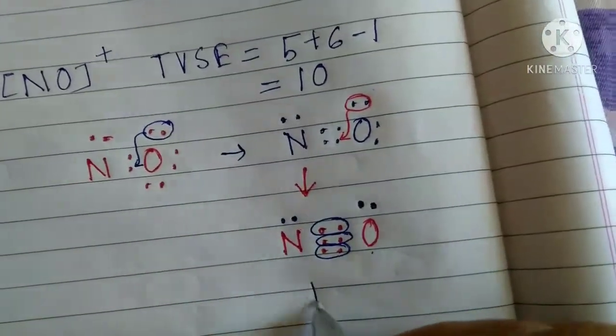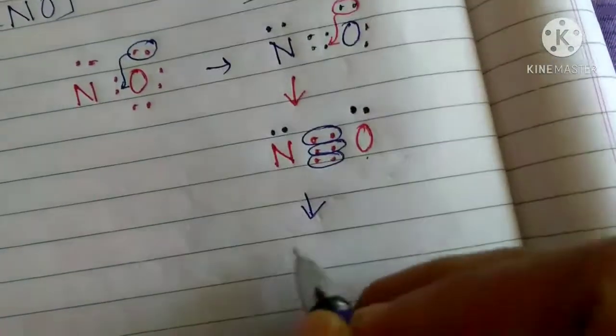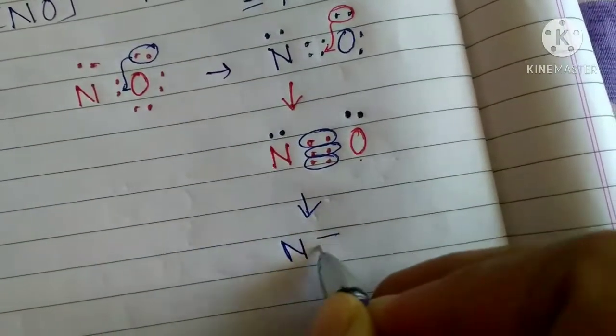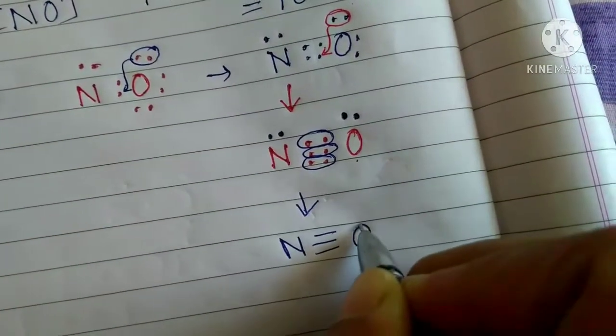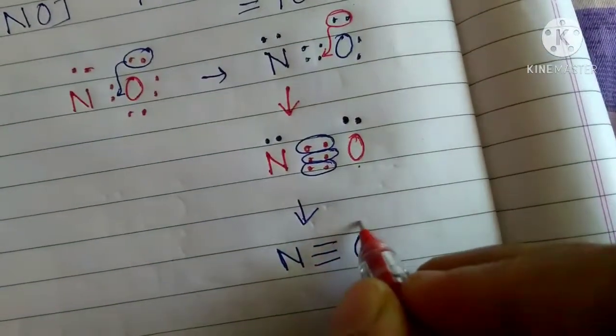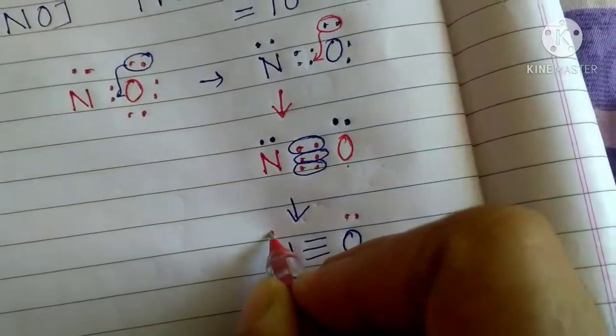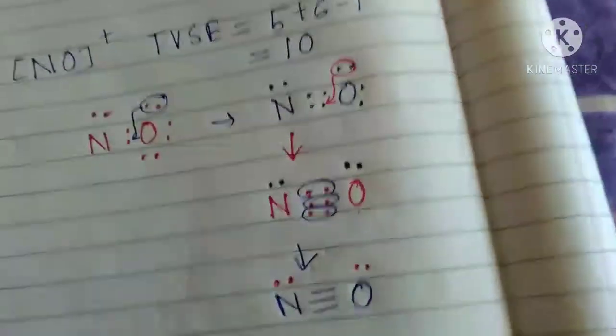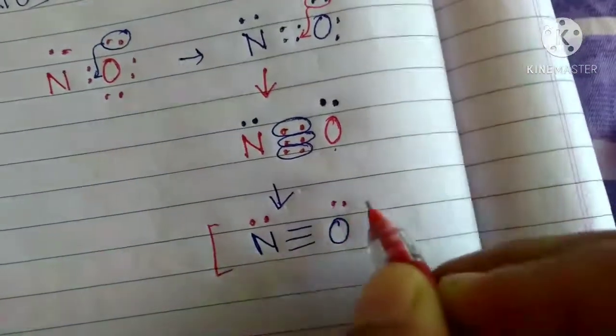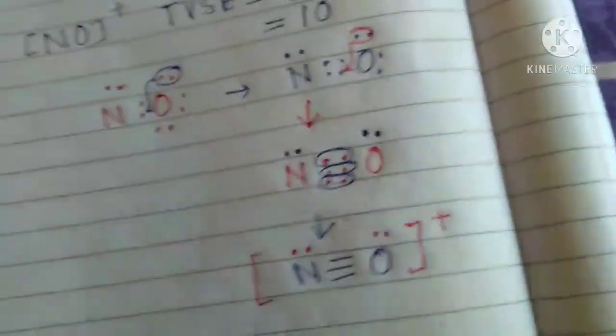So this will be N triple bond O, two non-bonding is there. This is the structure for NO plus.